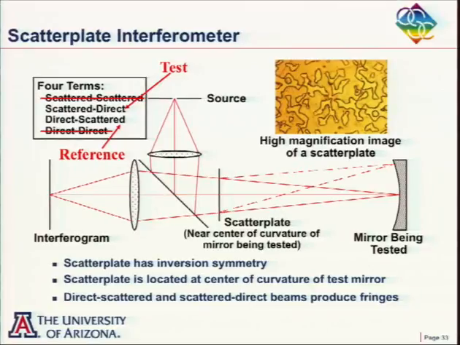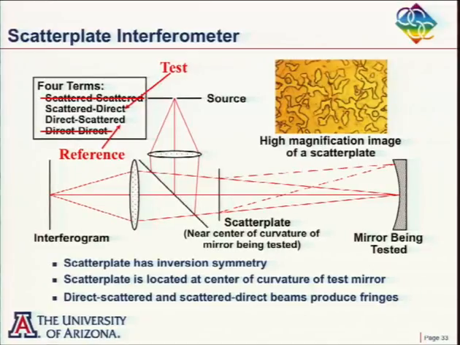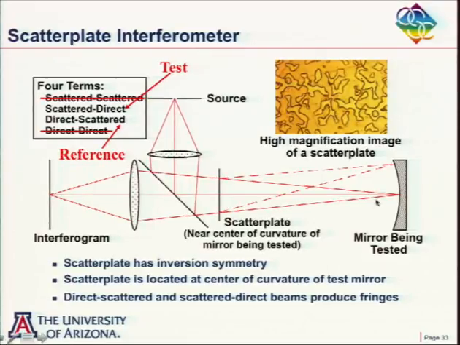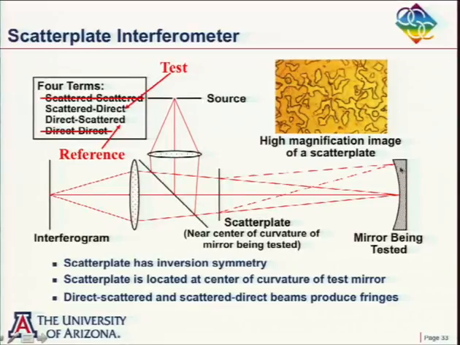Now, you know what? When I first look at this, I would say there's no way in the world how this interferometer can work. And why do I say that? Well, I'm trying to measure errors in this mirror by looking at little phase changes I get. I have a scattered beam coming out to the mirror, and the distance that beam has to travel depends upon the little height variations on the mirror. And so I'm trying to measure little phase variations in this scattered beam due to height variations on this mirror.